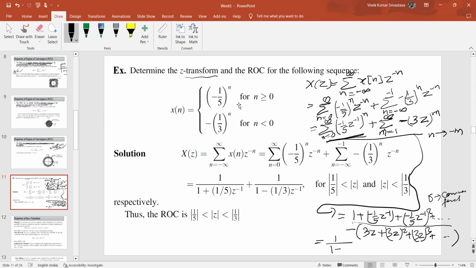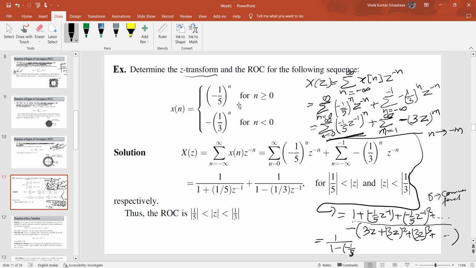Here r is minus 1 by 5 z raised to the power minus 1 for the first term, and the second term will be, in brackets, divided by 1 minus 3z. By using this expression we can evaluate the z transform.